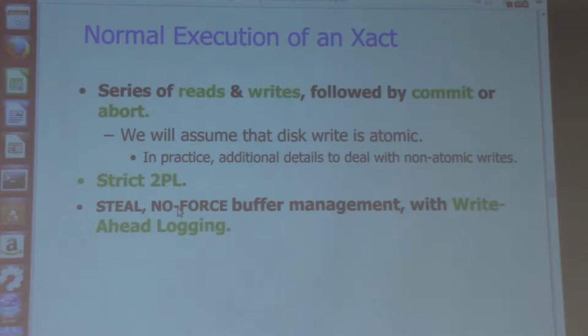Whenever you see a new update log record, you update the transaction table. You need to update the status, for example from running to committing. But for every update operation, you do not necessarily produce an entry in the DPT. When do you create an entry in the DPT?